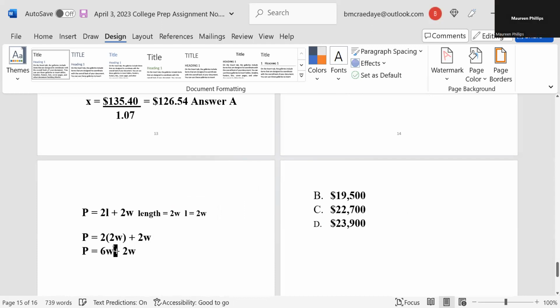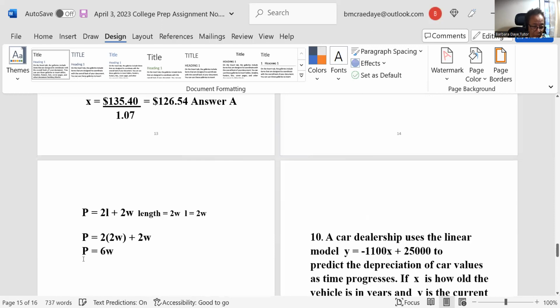So put the 480 that was given in the problem and calculate the W. 480 equals 6W.